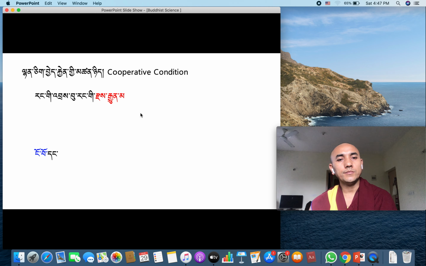So these are the two ways of defining the cooperative conditions.